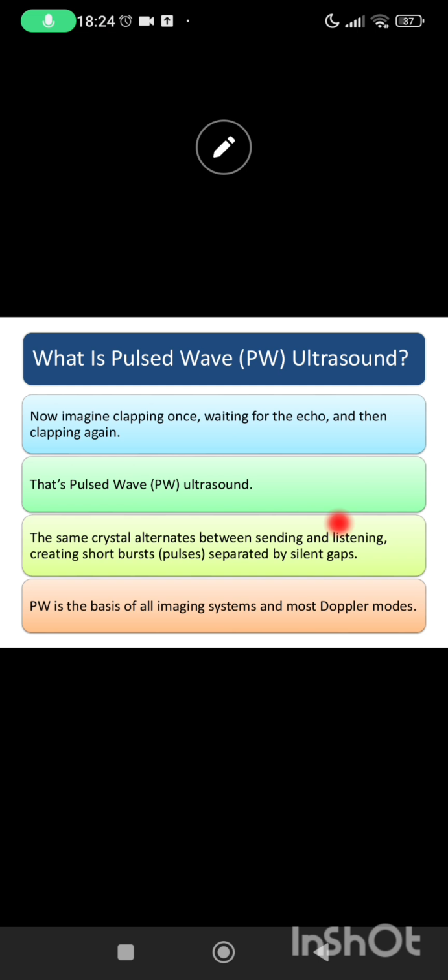We routinely perform pulse wave Doppler to check blood vessels, and blood flow in organs like the kidney and liver. When there is very high velocity blood flow, then CW is used.